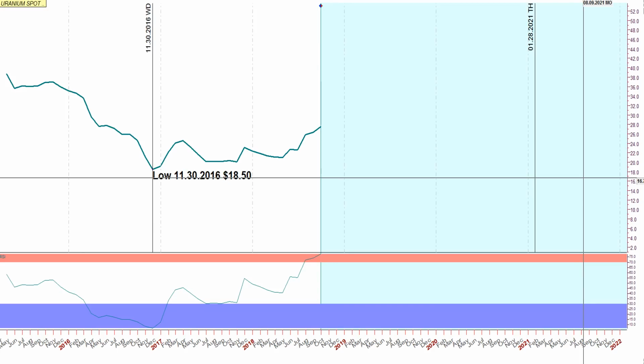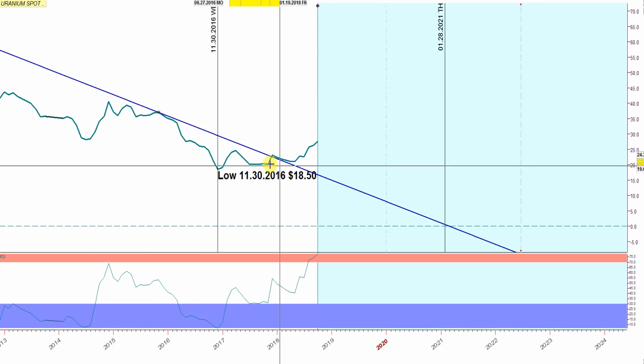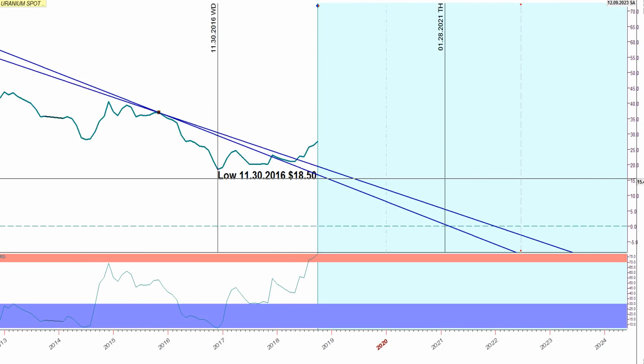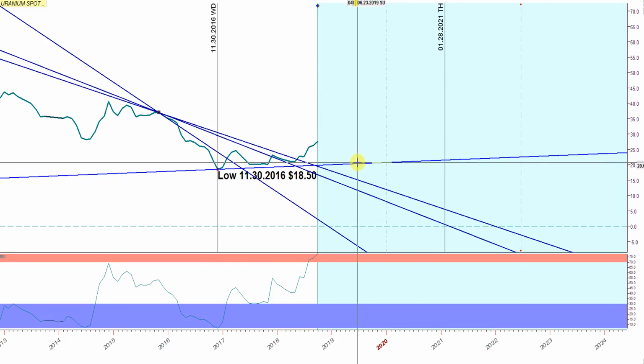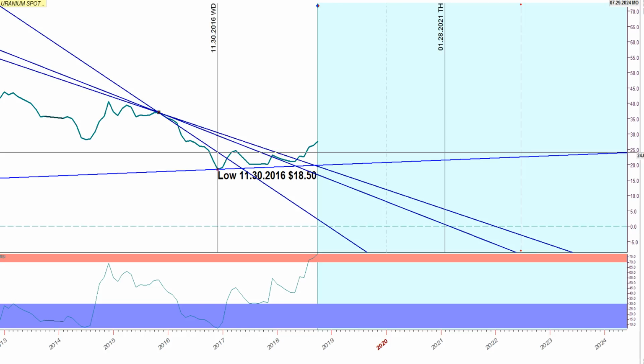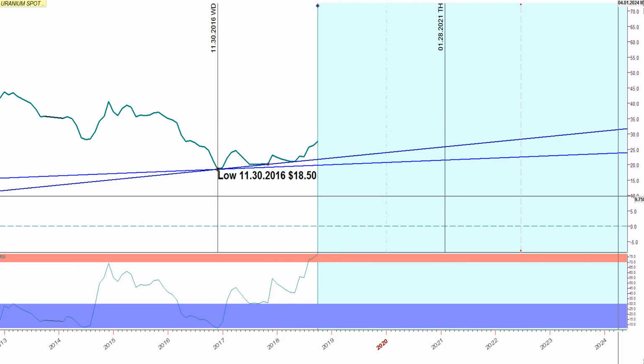And trend line wise, you can see that we broke above it. This is a trend line from the low. We're still above it. So all these trend lines are holding. Price action is above it, and it's not dipping down to it. So that's bullish. That's good.